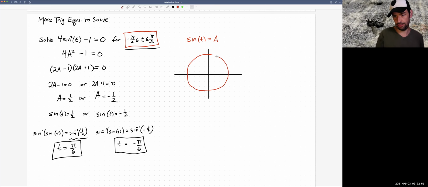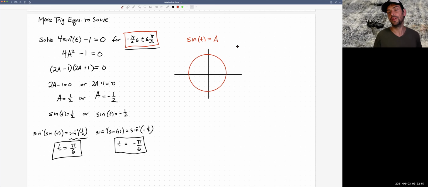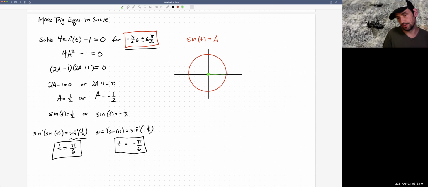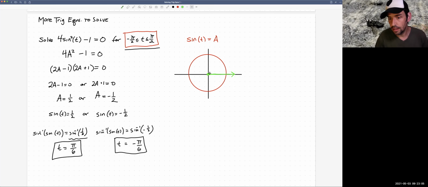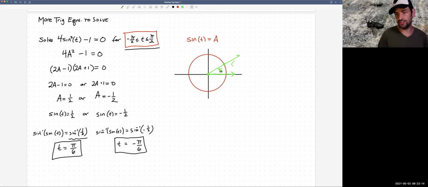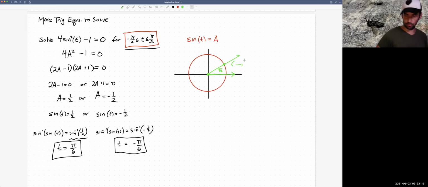So here's the situation, remember. What we just discovered here, according to the inverse sine, is that when we have an angle of pi over 6, we might know the x-coordinate, we might remember our unit circle, we might not.